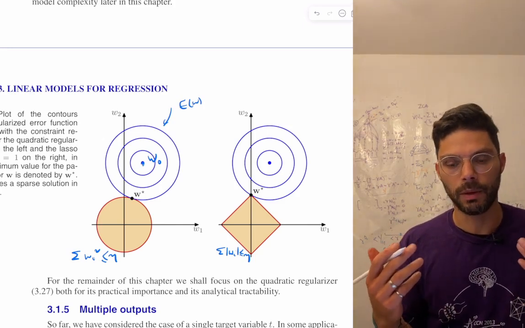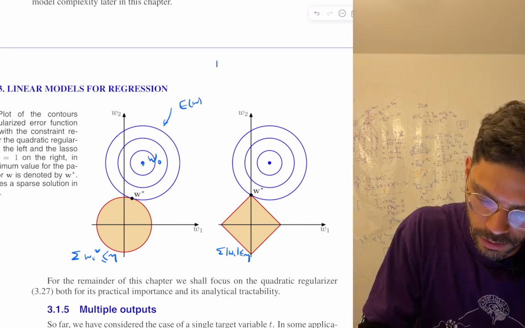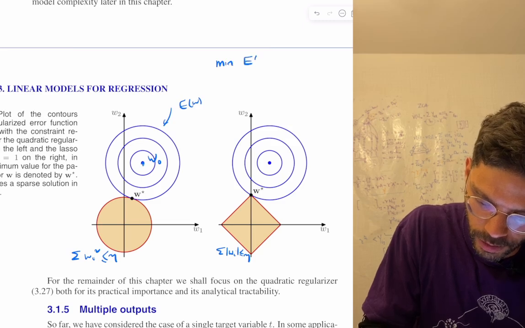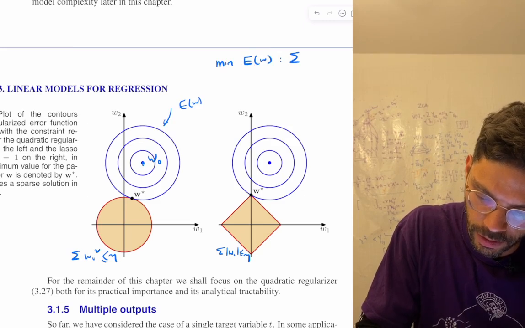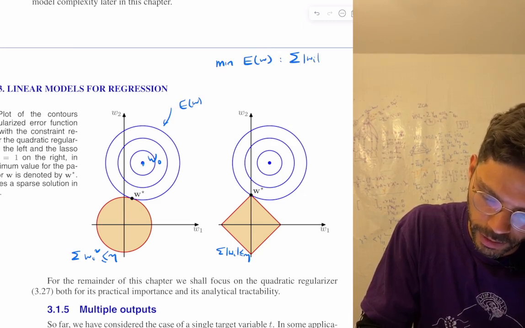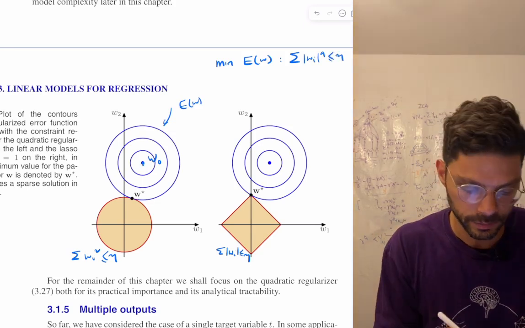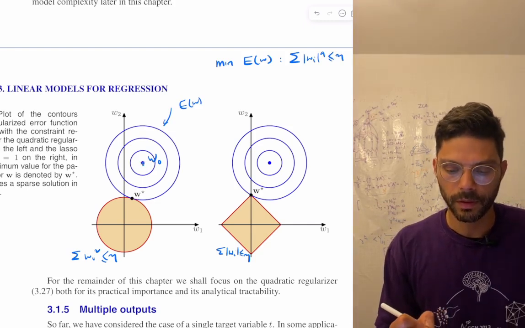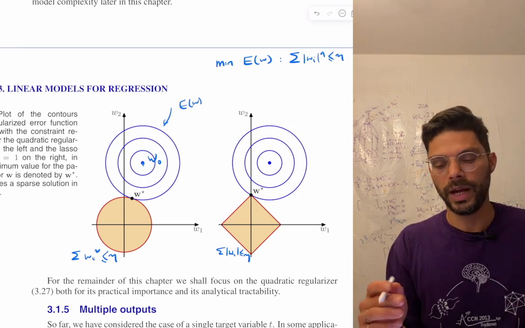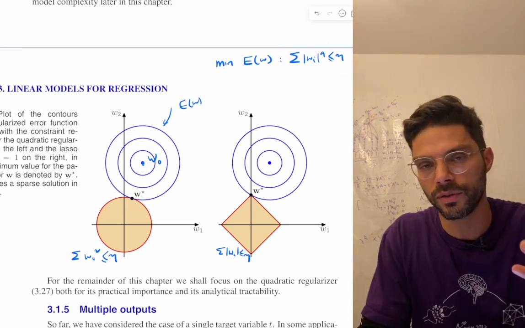Now we have to think about what problem we're solving. We're going to try to minimize E of w such that, let's say, the sum over w_i to the q is less than or equal to eta. So what does that look like? We have to consider what this set is. This is where those norm balls come in.